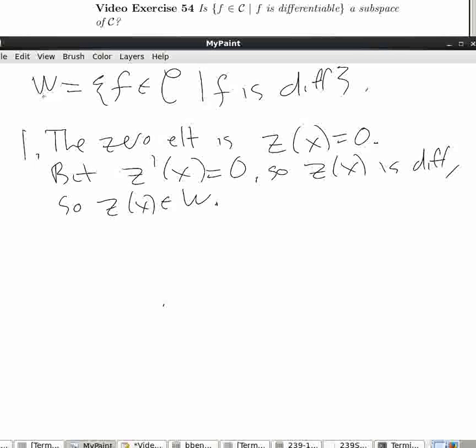So what do I need to show? I need to show that W has a 0 element, which I just showed. I'm going to need to show it's closed under addition, and I need to show it's closed under scalars.